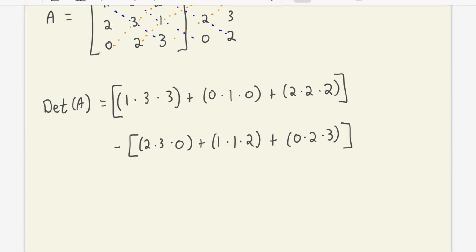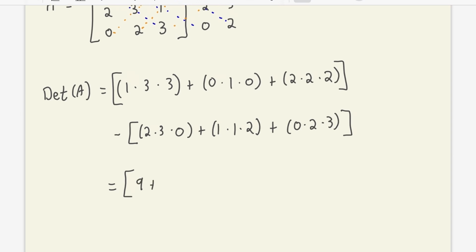Then we just have to multiply these out. I'm going to stick with the original brackets. So we have 1 times 3 times 3, which is 9, plus 0 times 1 times 0 is 0, plus 2 times 2 times 2 is 8, and then minus the second bracket, 2 times 3 times 0 is 0, plus 1 times 1 times 2 is 2, plus 0 times 2 times 3 again is 0.